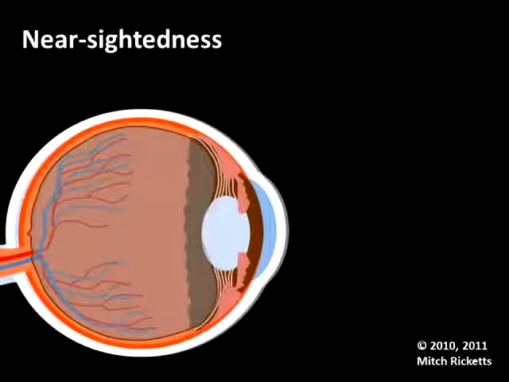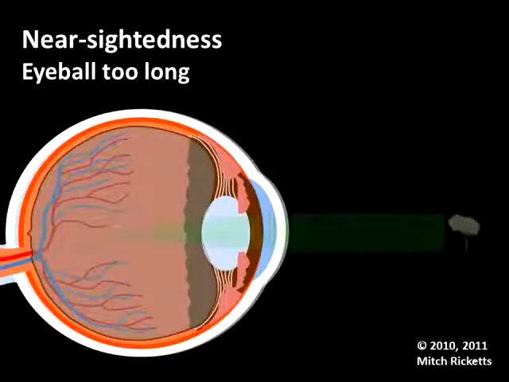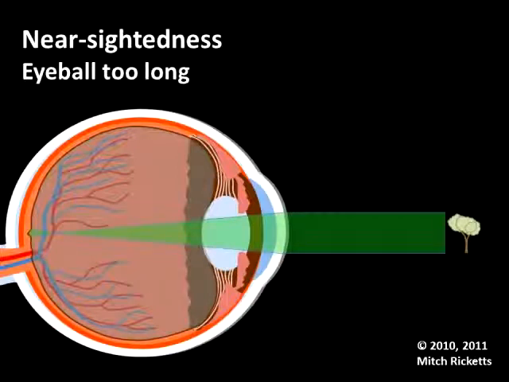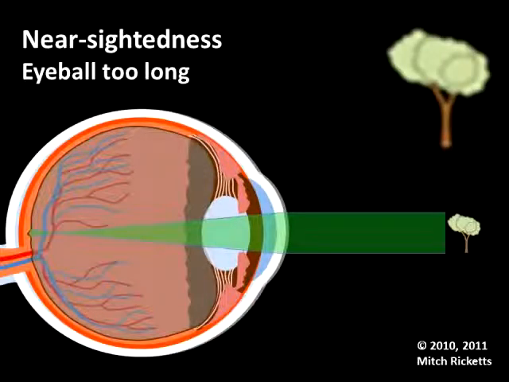A vision defect called nearsightedness or myopia occurs when the eyeball is longer than normal. In a nearsighted eyeball, light rays from far objects are focused in front of the retina instead of on the retina's surface. This causes faraway objects to be blurry or out of focus.